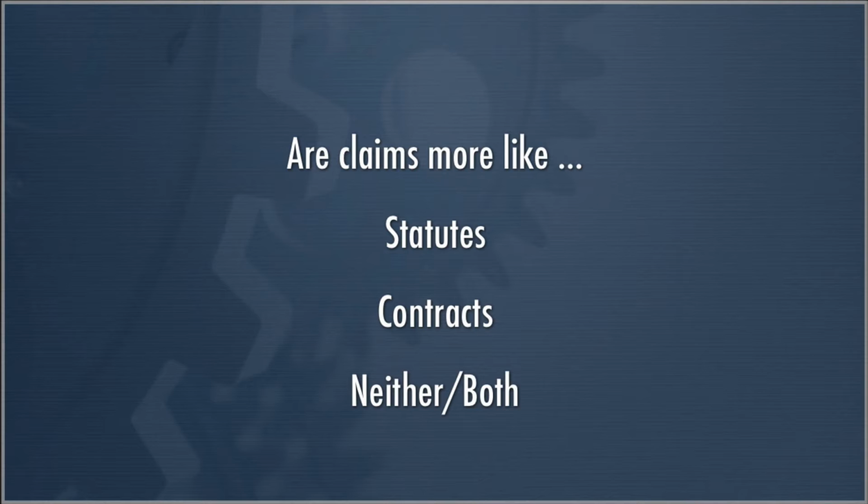So are claims like these? Are they like statutes? Well, they might be like statutes in the sense that they are enforced against the public. In a sense, a claim is a public right. It's almost a mini statute saying no one can make, use, or sell those subject matters which fall within the scope of these words.